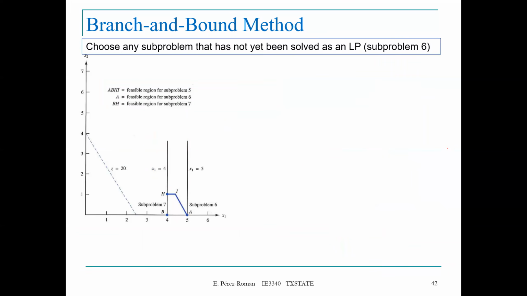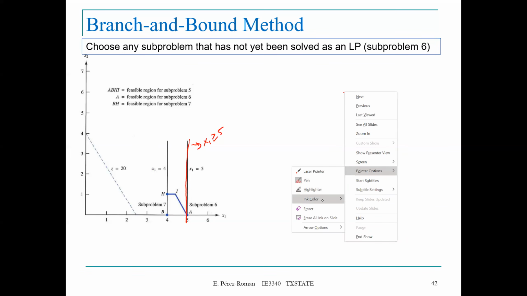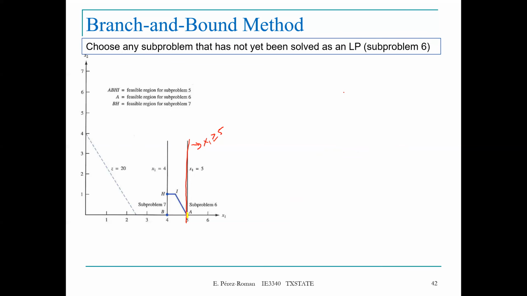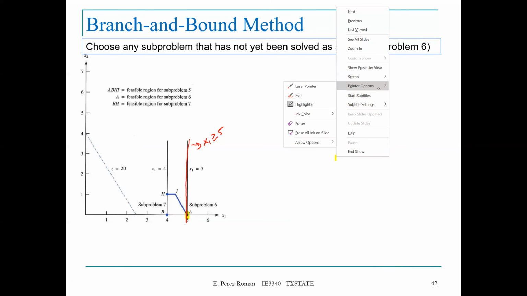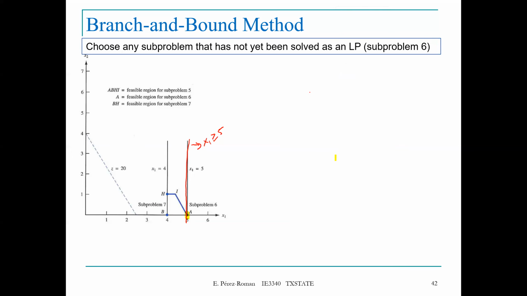We choose any subproblem that has not yet been solved, so we choose subproblem 6. Subproblem 6, remember, is looking at this constraint, x1 greater than or equal to 5. If we look at the feasible region, when you add that constraint, the feasible region is just that point. So our feasible region is now limited to a single point.